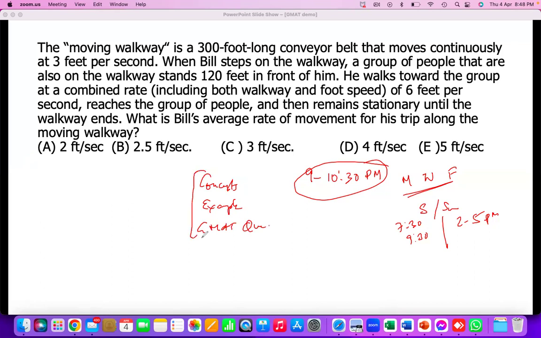After this, we solve around 15 to 20 GMAT questions in the class. And then you have an assignment. In the assignment, again, you have original GMAT questions. This is how class goes.